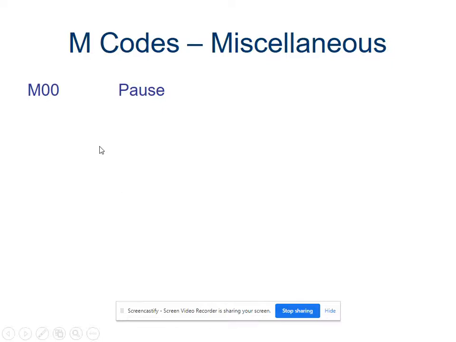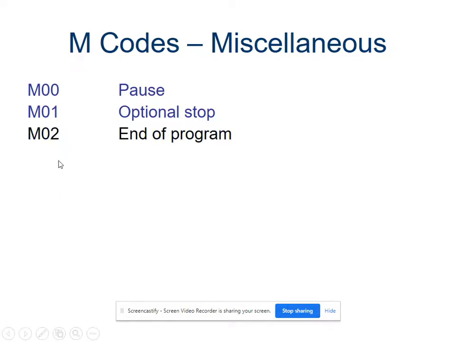M00 is pause. We may use a pause someplace, but not frequently. M01 is optional stop. And M02, we will use. That is the last command on any program that you write, because it ends the program and stops it from running.